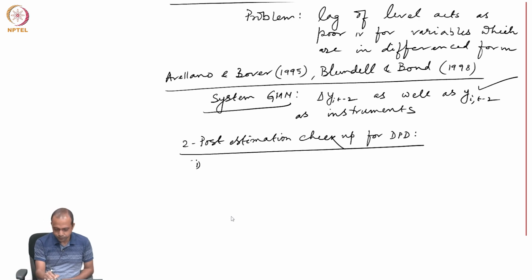First one is, there should be autocorrelation of order 1, because the structure of the dynamic panel data model itself says, since we have introduced a lag of the dependent variable in the model, AR1, that means autocorrelation of degree 1, is inevitable. We must get that.